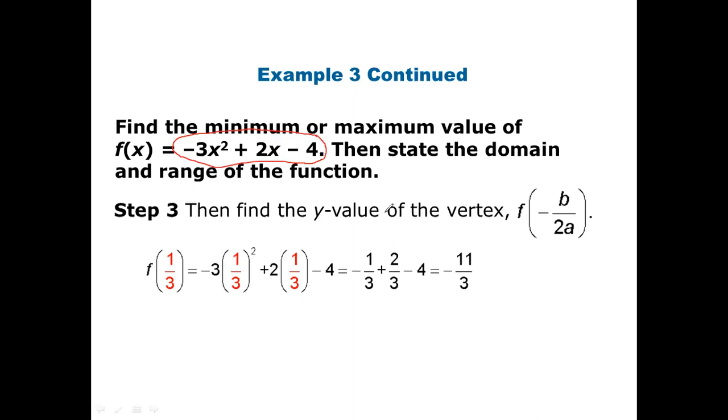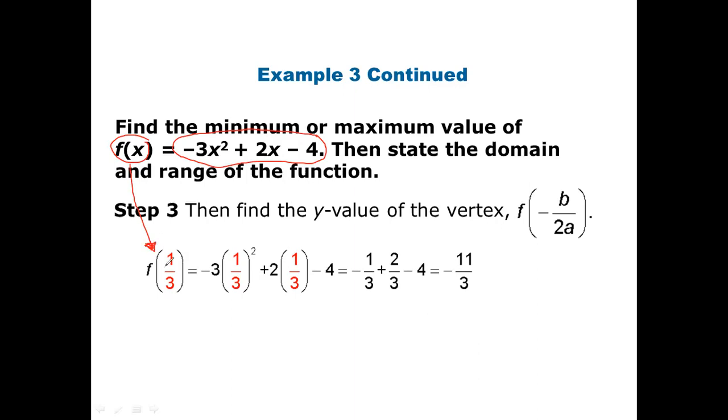Okay, so we have here, take note, 1/3. The answer was 1/3. So therefore, function of x, we have here f(x). We said that the x value of the vertex is 1/3.